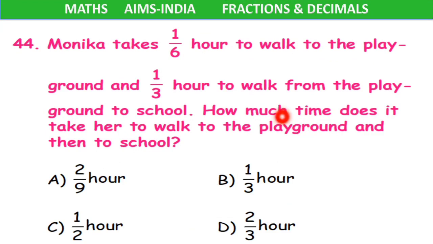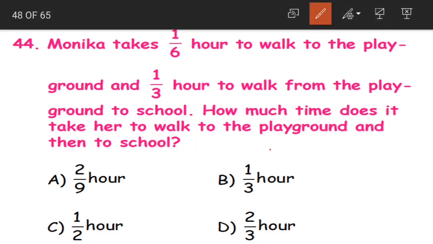Next, question 44. Monica takes 1 by 6 hour to walk to the playground and 1 by 3 hour to walk from the playground to school. How much time does it take for her to walk to the playground and then to the school? First, for Monica to go to the playground, it takes 1 by 6 hour.